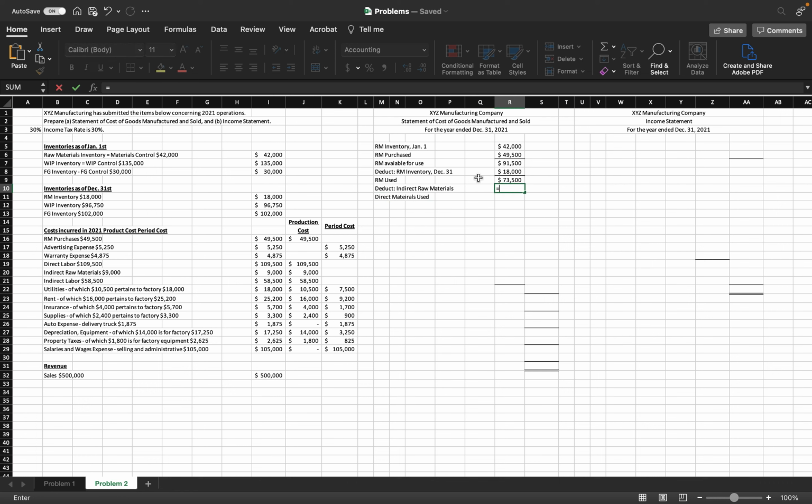So this number, we were told what that was. So then this needs to be the subtraction. Now we need to figure out what was the direct labor. Direct labor, and then we'll do factory overhead.